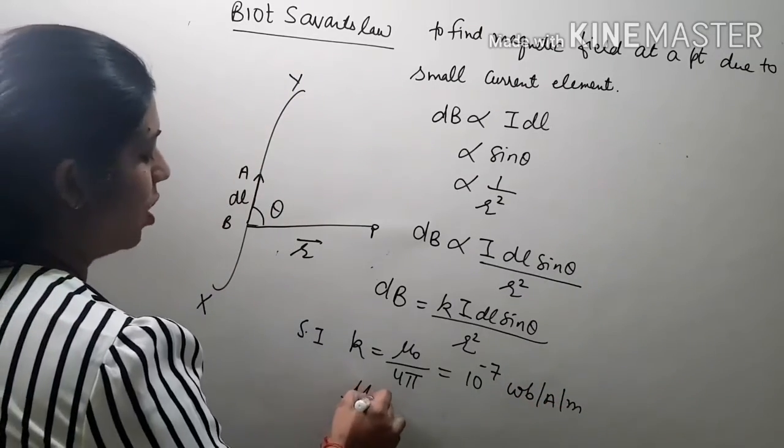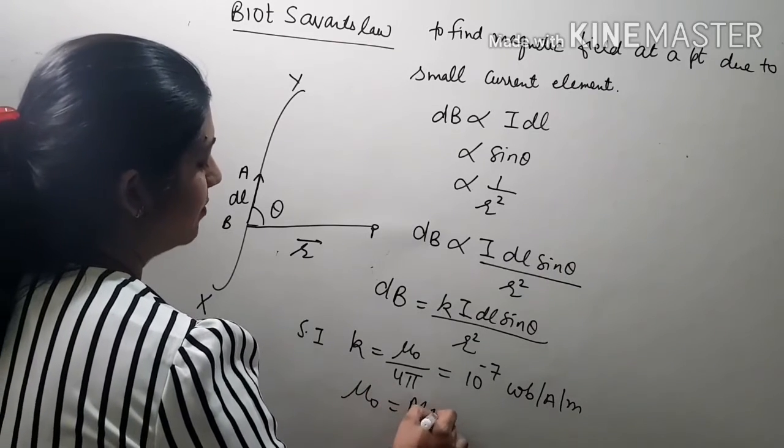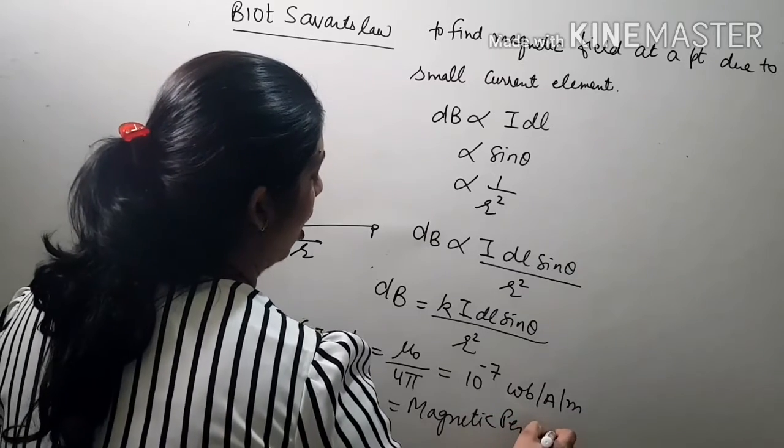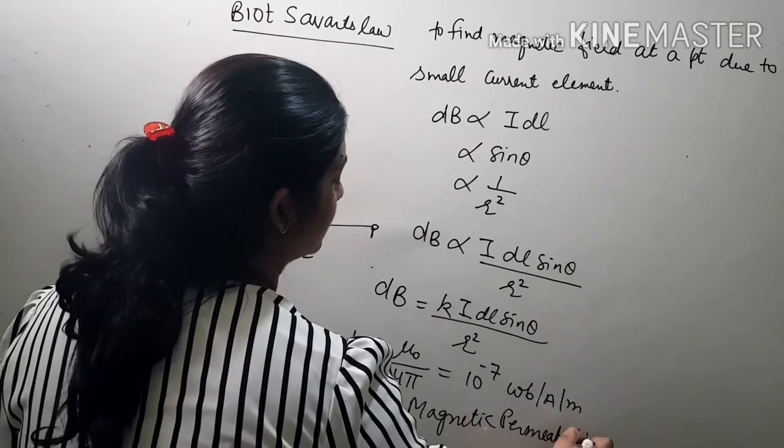And what is mu naught? Mu naught is the magnetic permeability of free space.